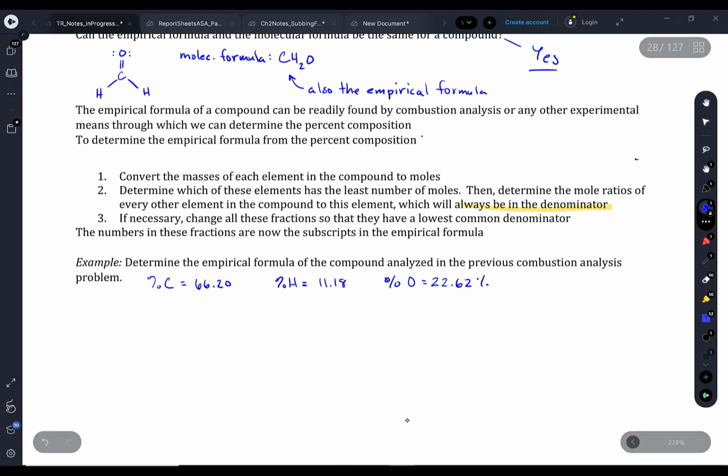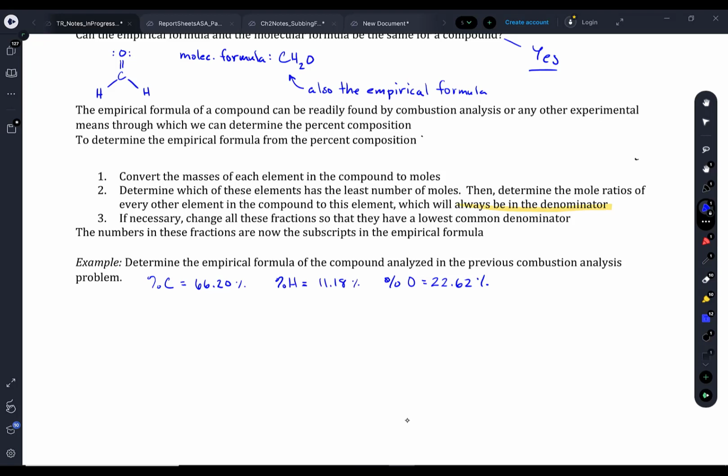Now, percent composition, if you remember, is an intensive property of a compound, meaning it doesn't change at all depending on the mass or the volume of the compound. It doesn't change, okay? Now, step one says we have to convert the masses of each element in the compound to moles. Now, these aren't masses, these are percent compositions. But since this is intensive, you can pick any amount you want.